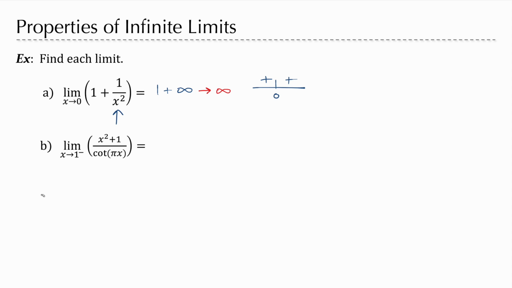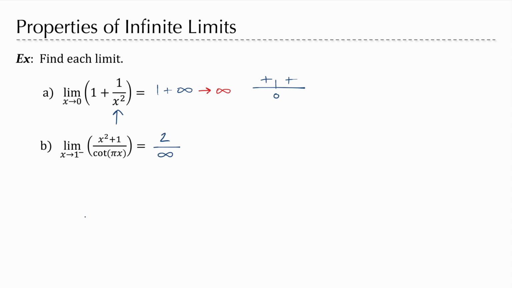Now in our next example, we have a fraction. And of course, by plugging 1 from the left in, that just means that on the top, as we plug that in, we're going to get a value. So that's going to be, in this case, I guess 2. And in the bottom, if we plug cotangent in, this is going to be cotangent of pi. Well, remember, at pi, cotangent is going to be equal to infinity, because technically you're doing the reciprocal of tangent, it's becoming infinitely big there because you're flipping it over.